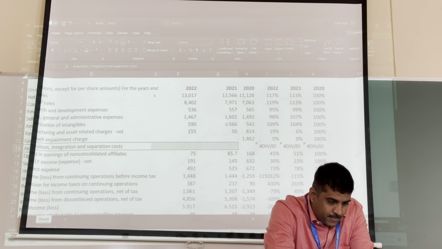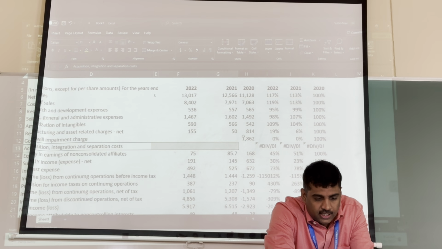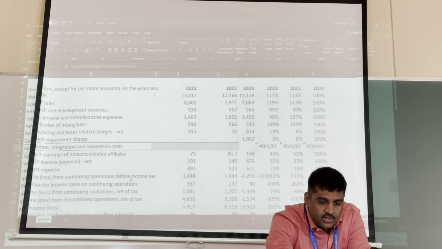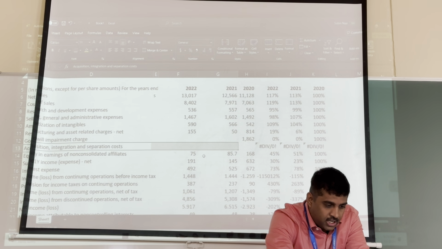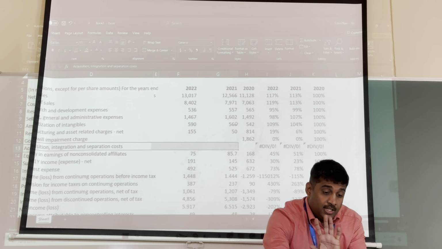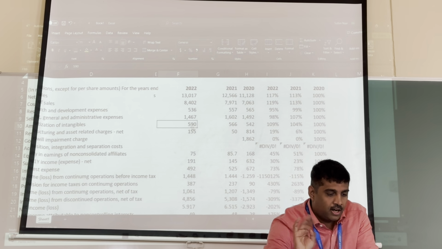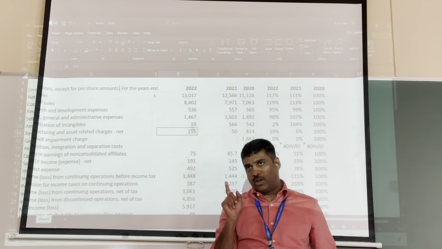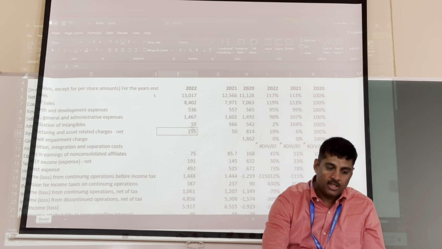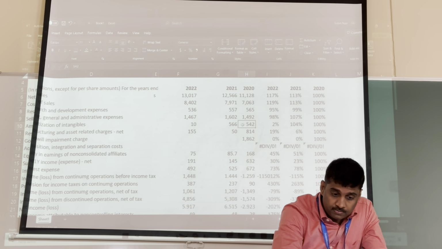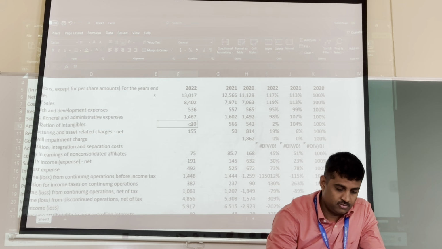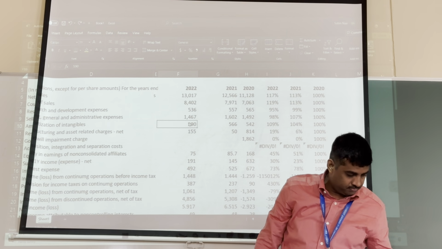Then something which is, for example, suppose, guys, if the interest expense or say, guys, please look into it. Suppose if the amortization of intangible this year is given as 10, then what I actually do is, I will take the average of previous years and change that 10 to whatever.